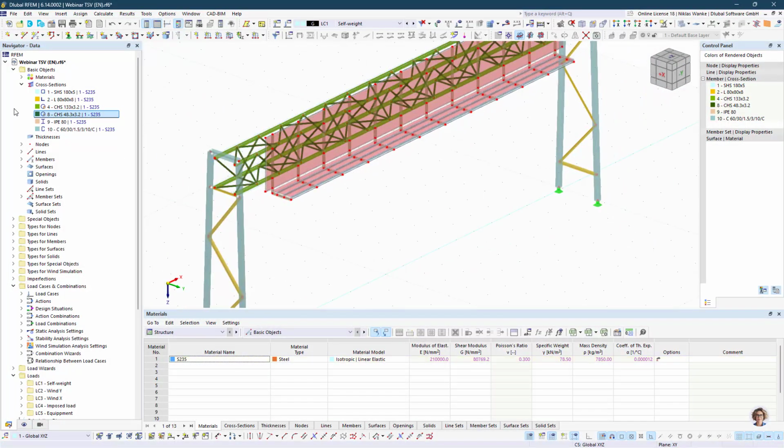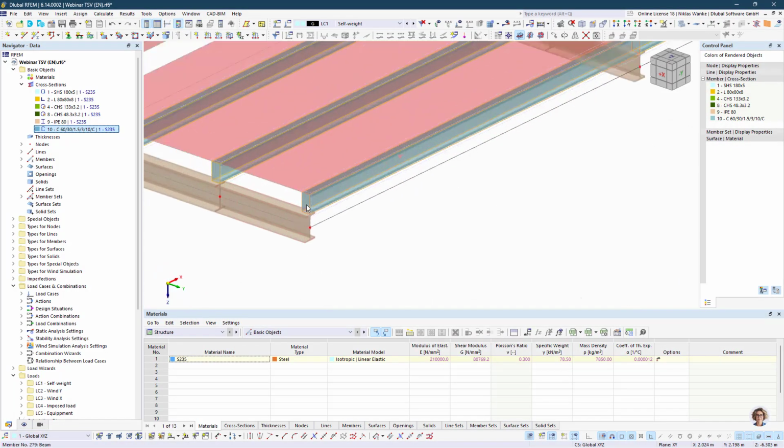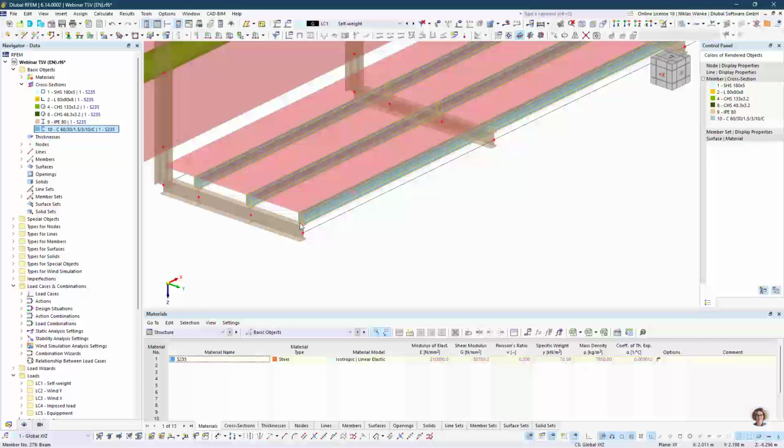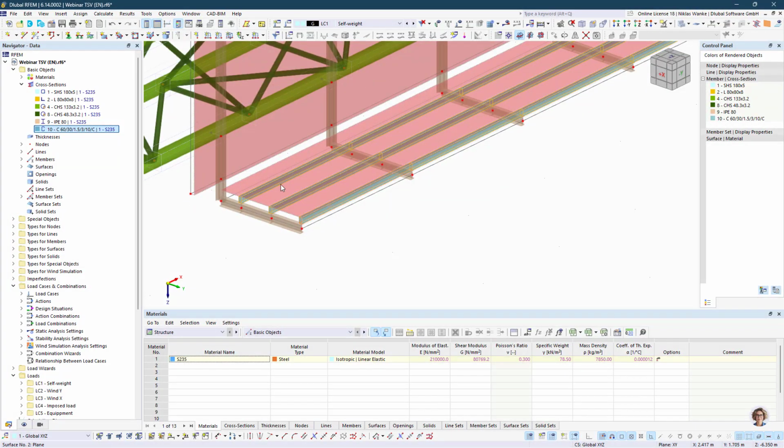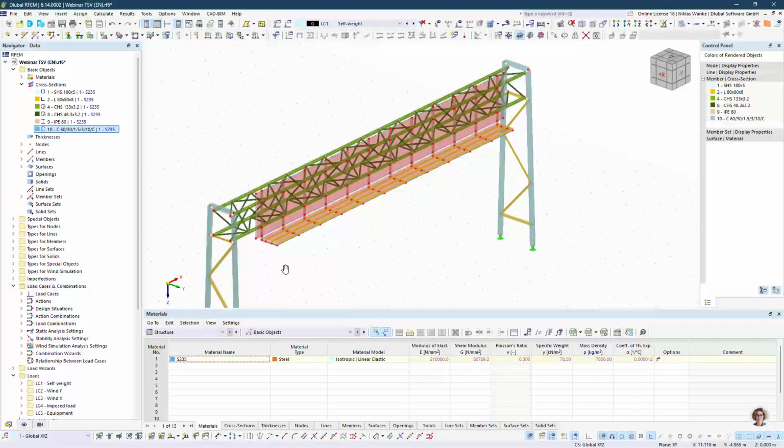And then we have this secondary construction for the signs, which is made out of IPE profiles. And then we also have these C profiles.